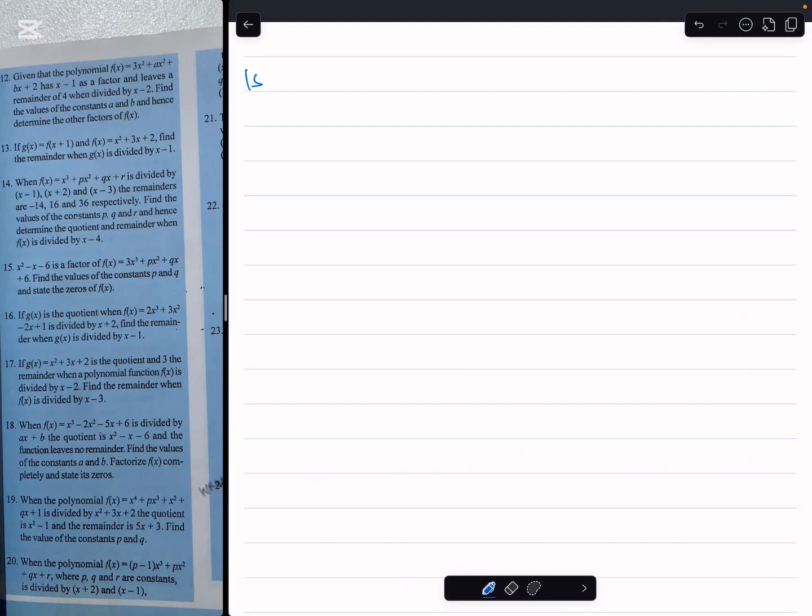Number 15. This is exercise 6b, number 15. x squared minus x minus 6 is a factor of f of x, which is equal to 3x cubed plus px squared plus qx plus 6. x squared minus x minus 6 is a factor of f of x.